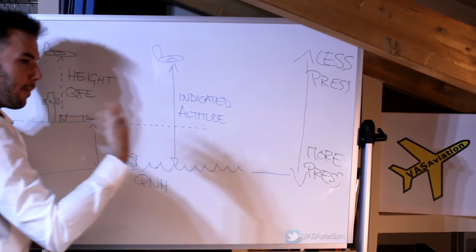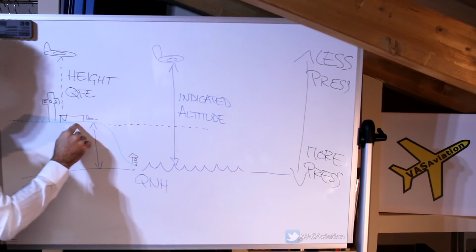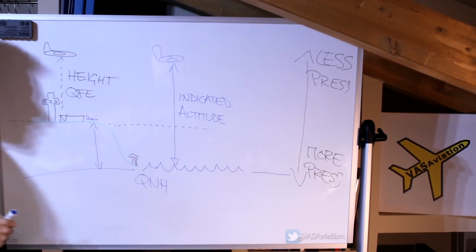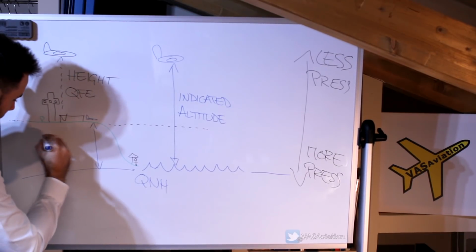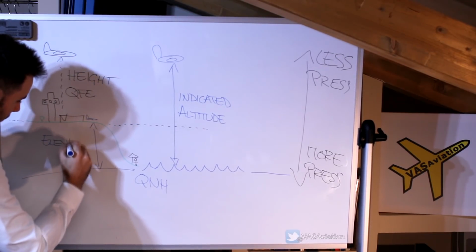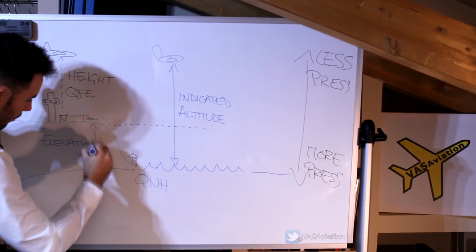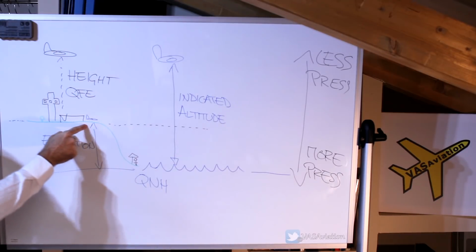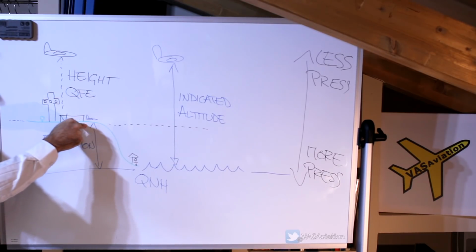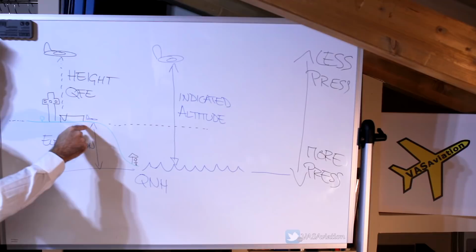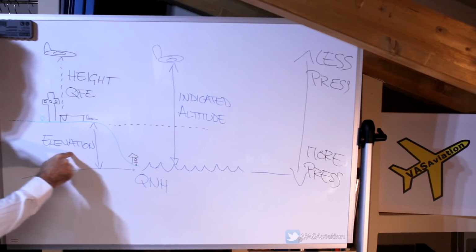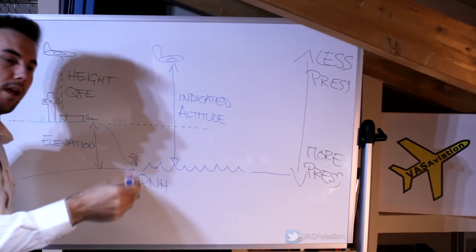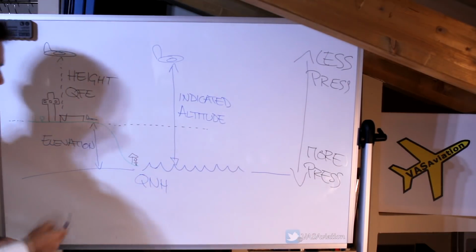Now this distance, by definition, from any point on the surface of the ground down to mean sea level is called elevation. So we deduce that if we set QNH on our aircraft while sitting on the ground, the altimeter will read the elevation of that airport. There are many questions again about this, so keep that in mind.